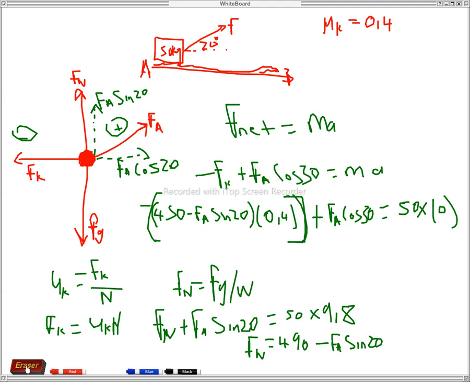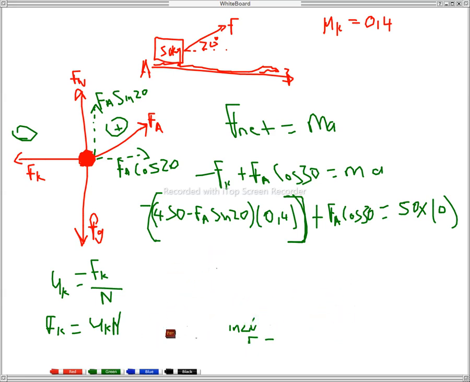I will erase this, guys. I guess you did take the notes on how I got this. So our acceleration is going to be 0 since it is moving at a constant speed.